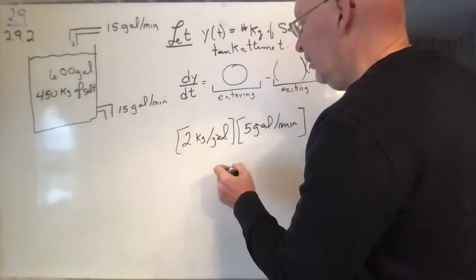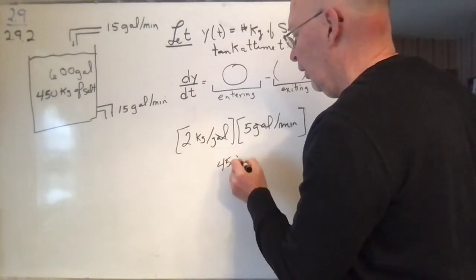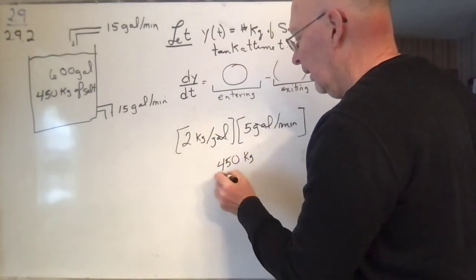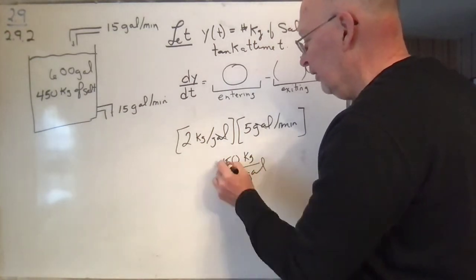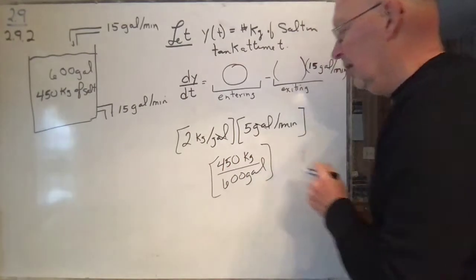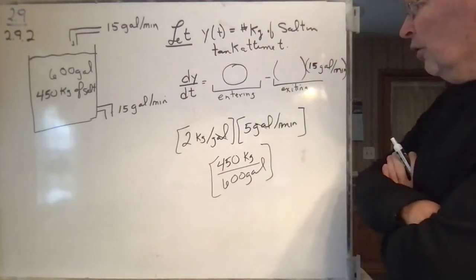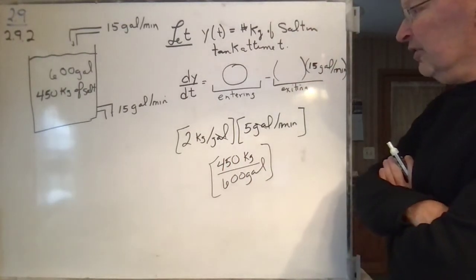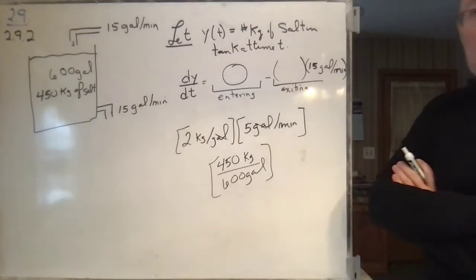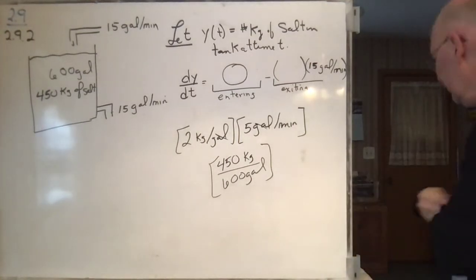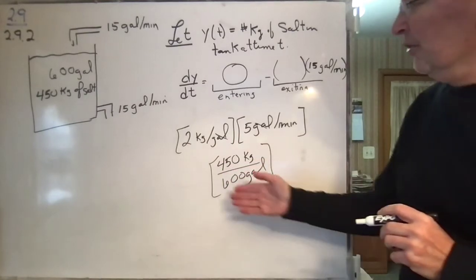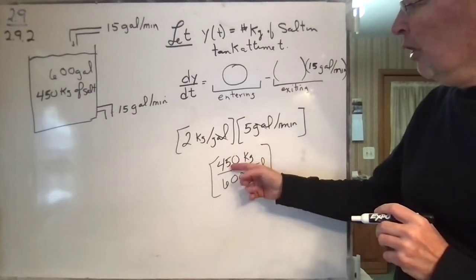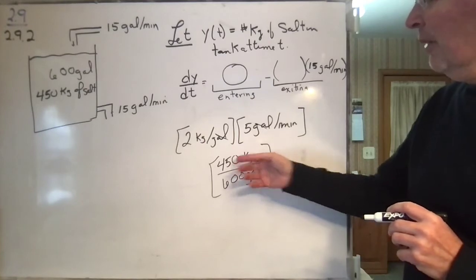So you might first be tempted to say, that's the concentration. But then you think, no, that's not right. That's just the concentration at the very first instant. After that very first instant, things change, right? So after the first minute or so, it's no longer 450, it's some other number.